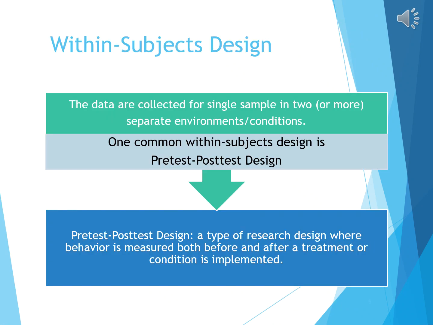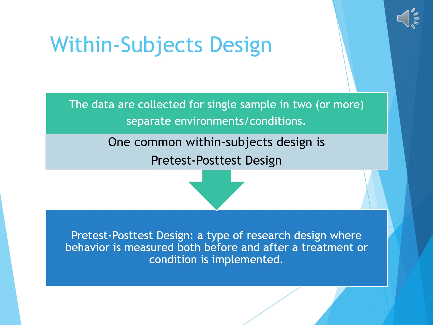So in our within subjects design, all the data for a specific variable are collected on the entire sample in multiple different environments or conditions. And a really common design that we use all the time is called a pre-test, post-test design, where you collect data on your sample before you submit them to any kind of experimental manipulation or condition, or give them a drug, or have them go through a program or something like that.